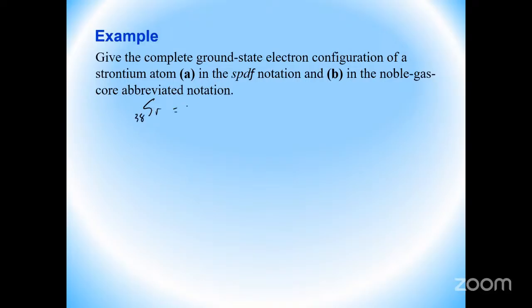So in the case of strontium, you have 38 electrons to assign. So the first two electrons will go into the 1s orbital, and then 2s2, and then 2p6, and then 3s2, and then 3p6, and then 4s2. So that's 20 so far, and then 3d10. All right, and that's where my memory ends.